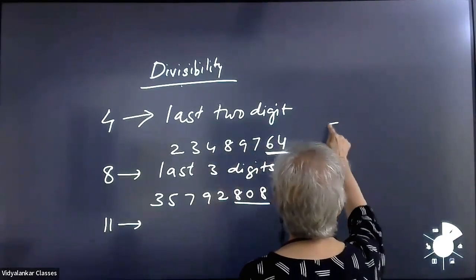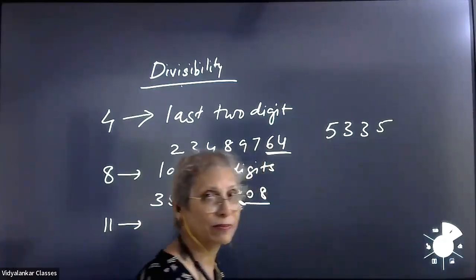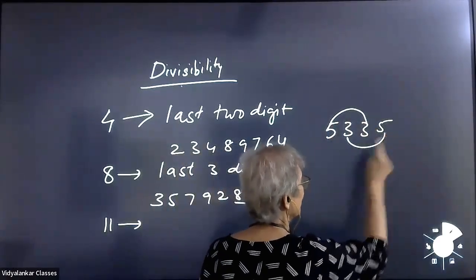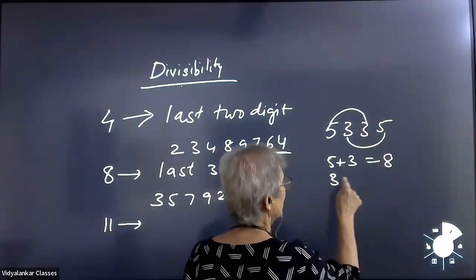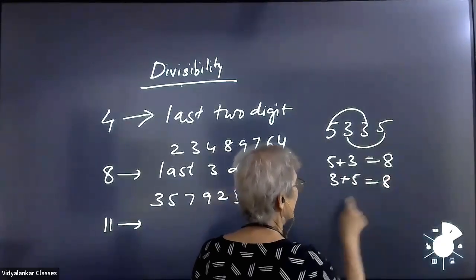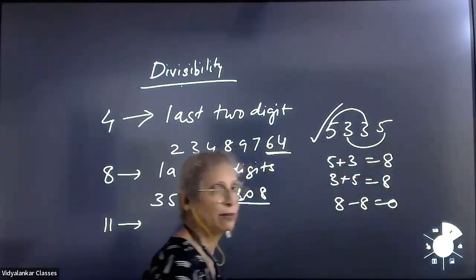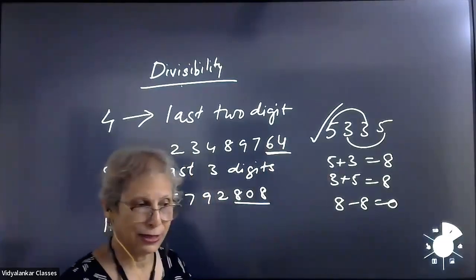You can take 5335. Look here. These are alternate digits. 5 plus 3, 8. Then 3 plus 5, 8. And 8 minus 8, 0. And therefore, this number is divisible by 11. Right? So these are all the basic tests.